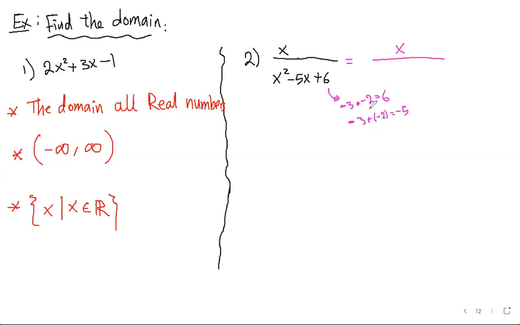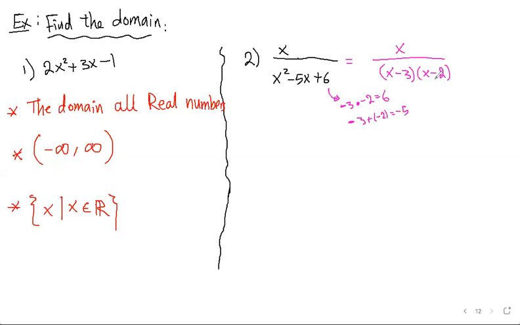So this is the factoring, exactly. So the answer is (x - 3)(x - 2).